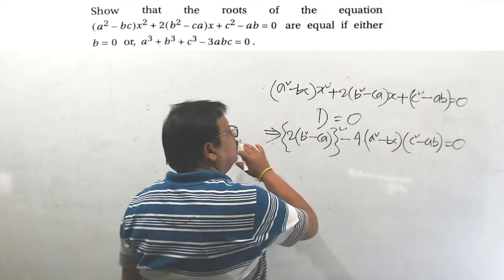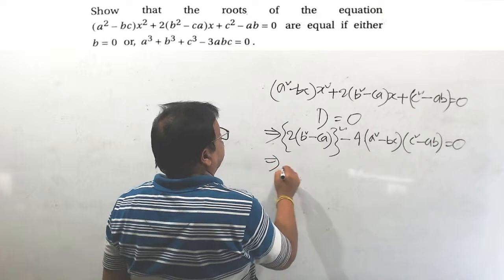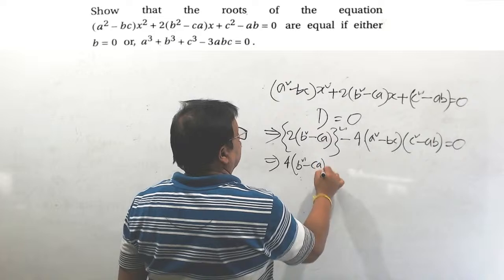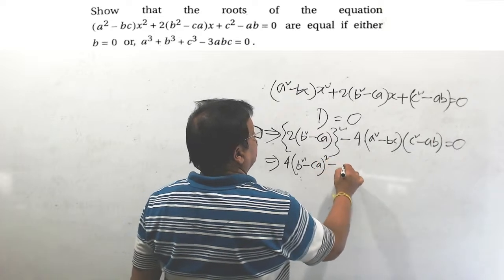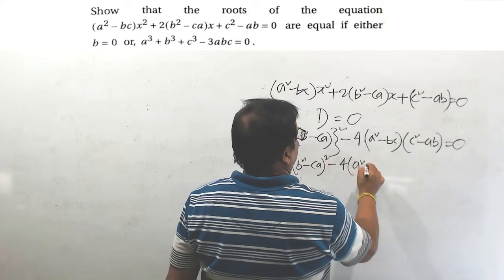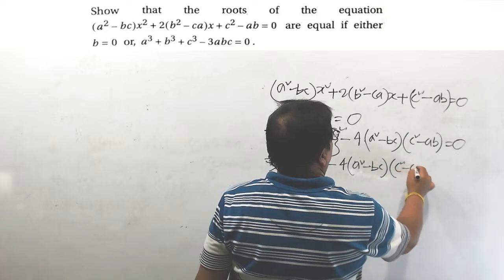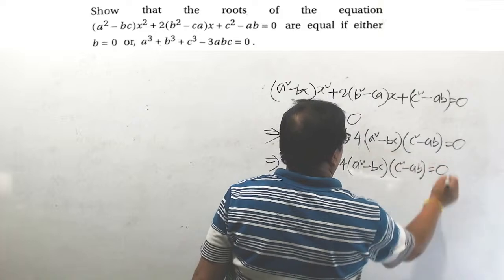Understood? Now we simplify. This implies 4 into (b square minus ca) whole square minus 4 into (a square minus bc) into (c square minus ab) equal to 0.